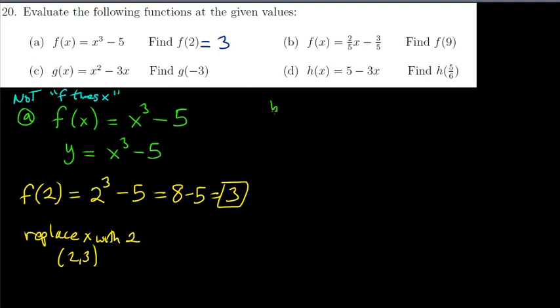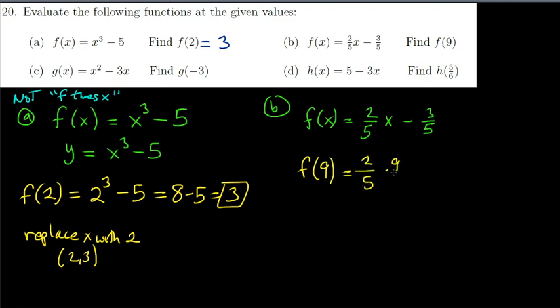Part B. Now the function f of x is 2 over 5 times x minus 3 over 5, and they're asking for f of 9. So replace x with 9. This is 2 over 5 times 9 over 1, minus 3 over 5. You can multiply these fractions: 2 times 9 is 18, and 5 times 1 is 5.